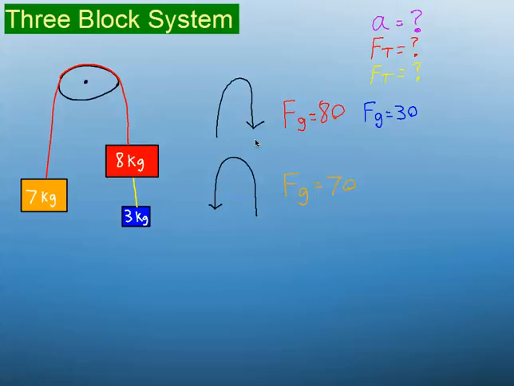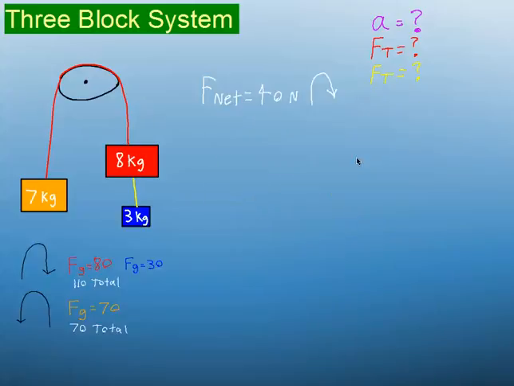Well, how much does it win by? If I total up the forces, we get 110 newtons telling the system to go this way, and 70 newtons telling it to go that way, which gives us, very simply, a net force of 40 newtons going in this direction.